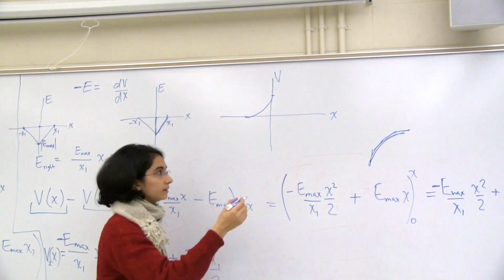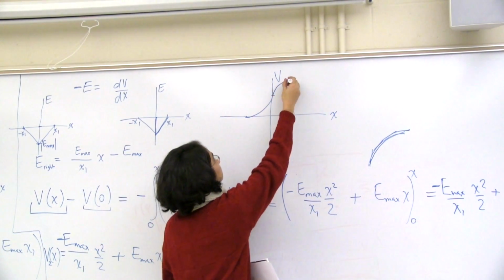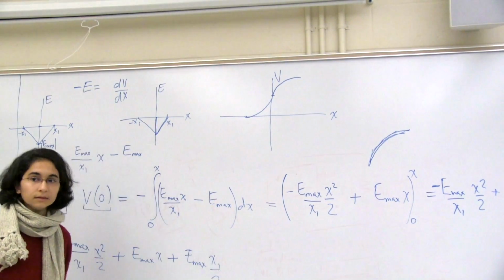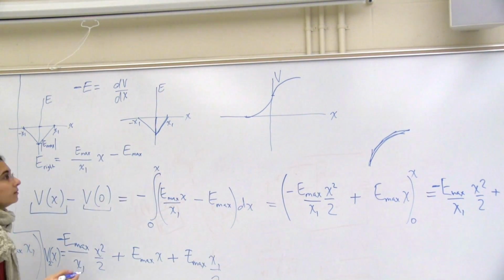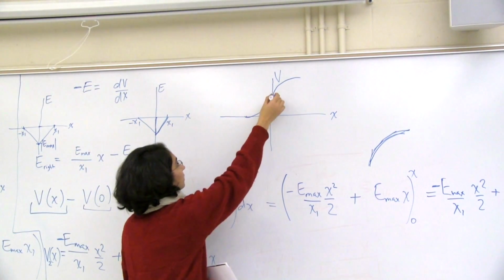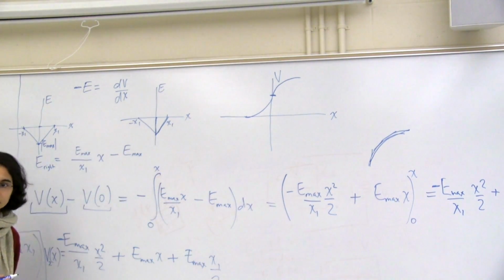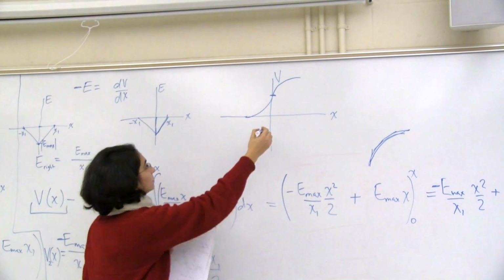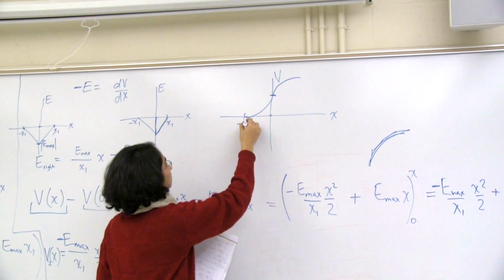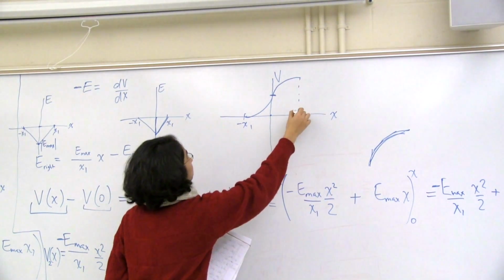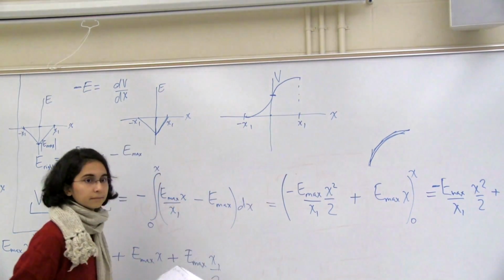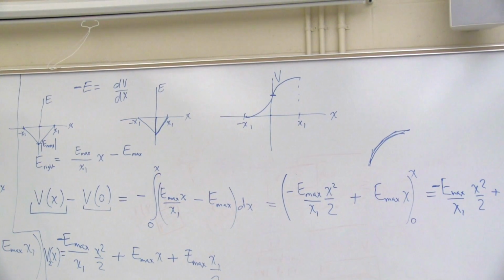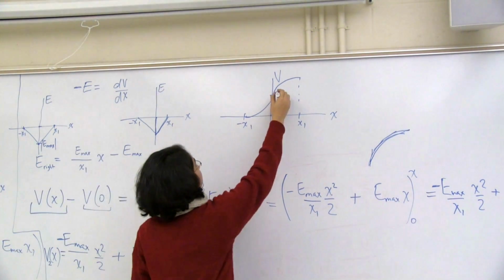What Molly suggested earlier, right? So it becomes something like that. Yeah. And we actually can say something about that value of V, right? Was it something we did that would give us V at x equals 0? Oh yeah, isn't that the term that we added, E max x1 over 2? Exactly, yeah.